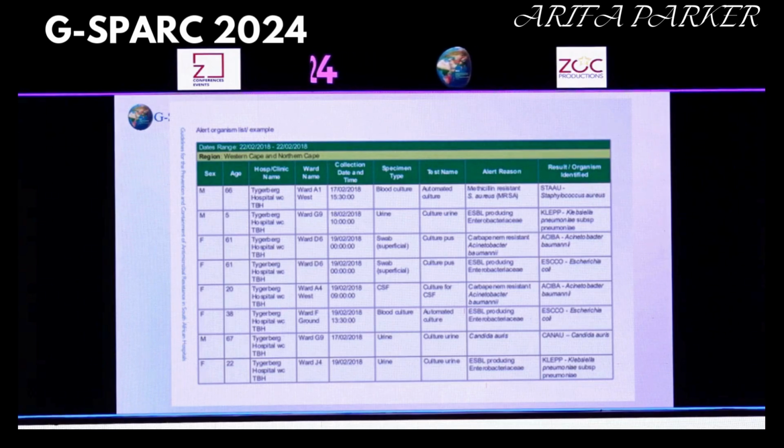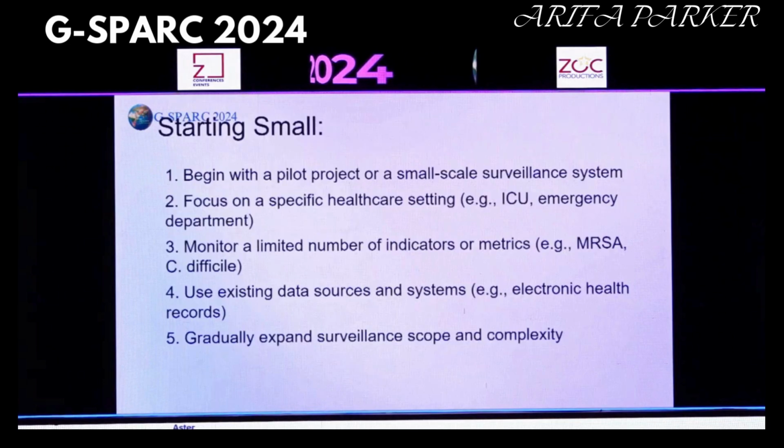And so that is the limitation to what we have on a daily basis, and that is why using a point prevalence study is actually quite beautiful, because you can do it year on year and monitor trends, and you get reliable real-time data, and it wouldn't be a strain on your human resources.